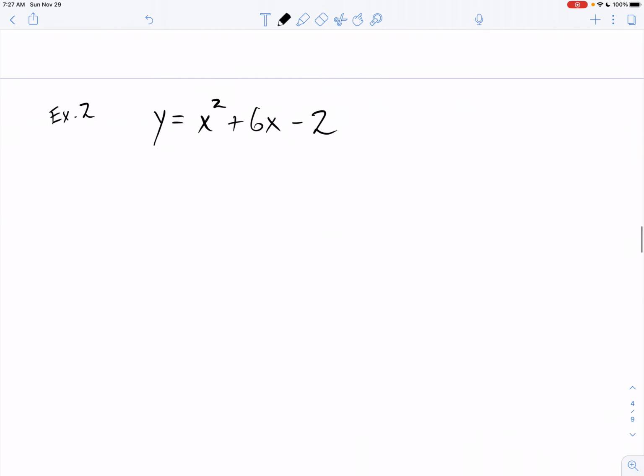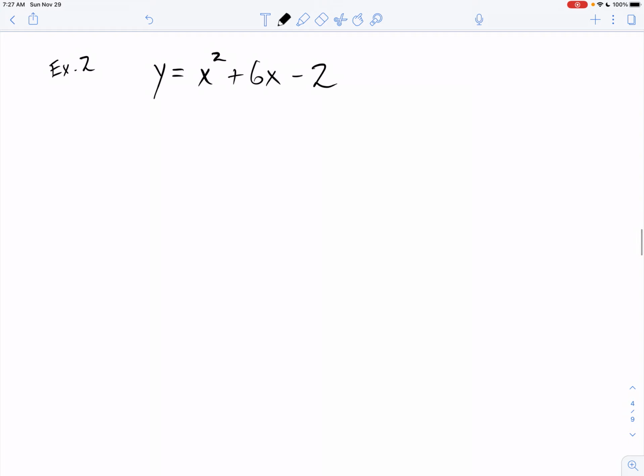So here comes my second example. The numbers are a little bit different, but the process is still the same. Now, I'm going to make a little list over here this time, because I wanted to make sure I was very clear on all that stuff. So axis of symmetry is going to be one of the things I find. It's going to be x equals some number that I don't know yet.